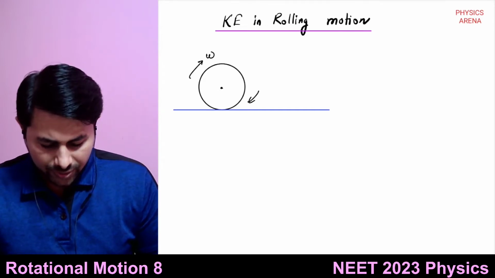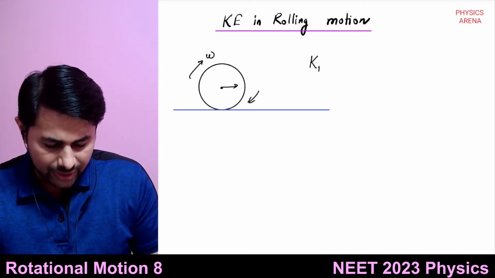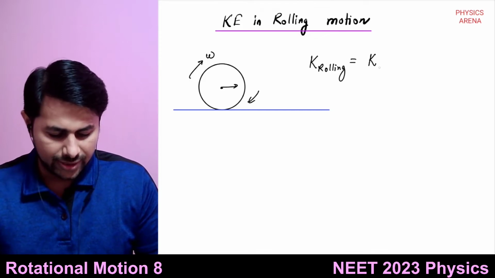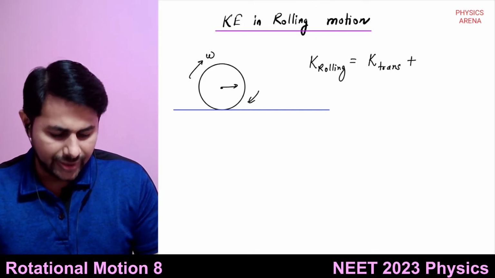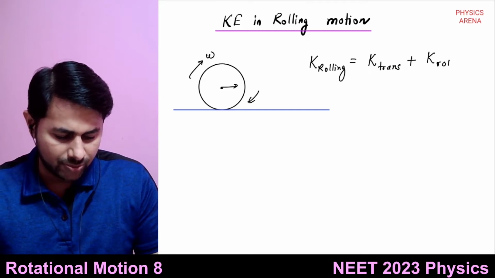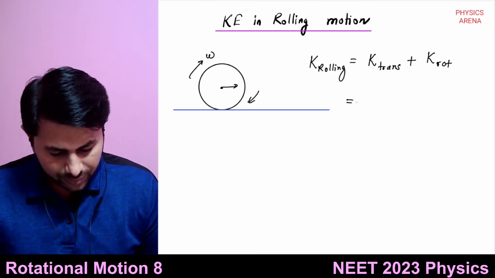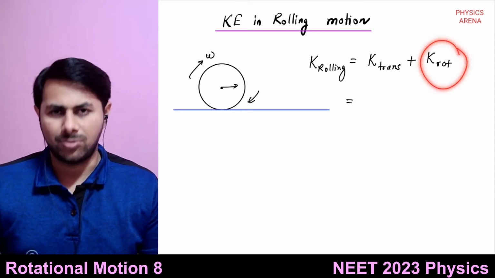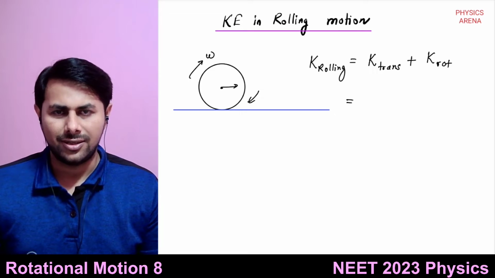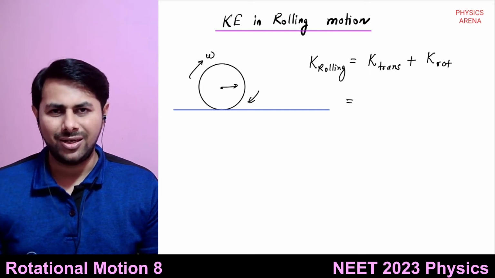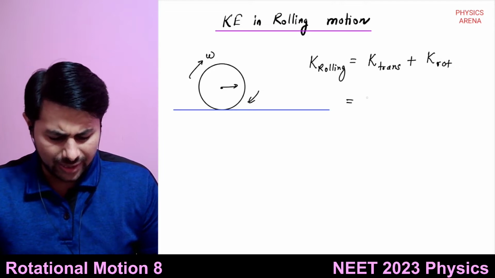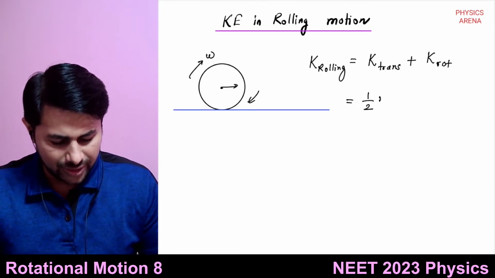The kinetic energy of rolling motion is the sum of the kinetic energy of translational motion and the kinetic energy of rotational motion. We started this chapter with the kinetic energy of rotational motion, which is half of I multiplied by omega square. And the kinetic energy of translational motion, we know, is half of m v square.